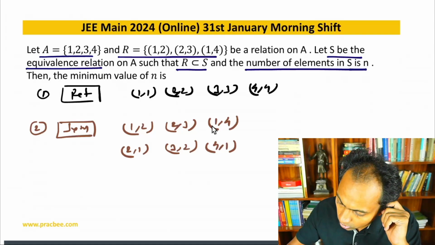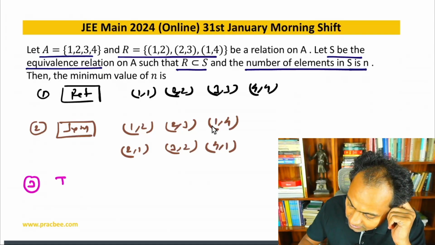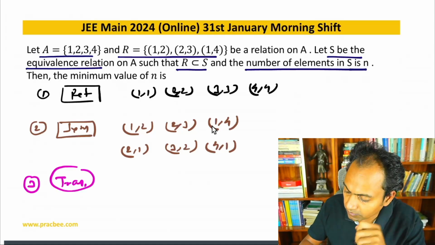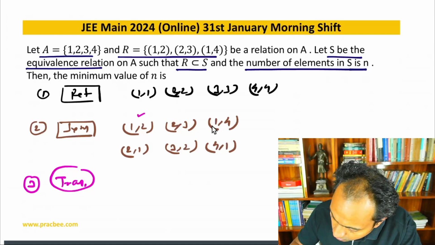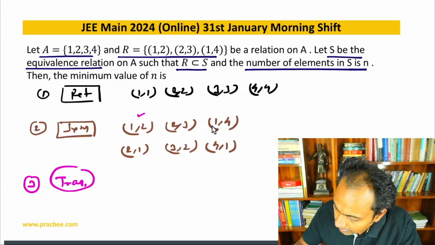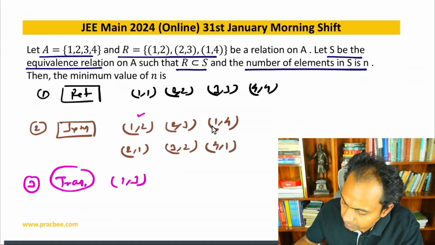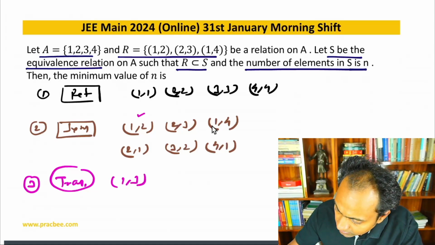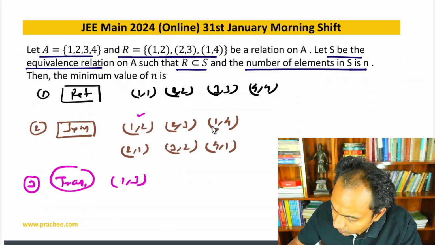Now we will also want to make it transitive in the third place. So for making it transitive, you can see that if you have 1, 2 and then 2, 3, then 1, 3 also needs to be there. And since you have added 1, 3, to make it symmetric, you will also require 3, 1.